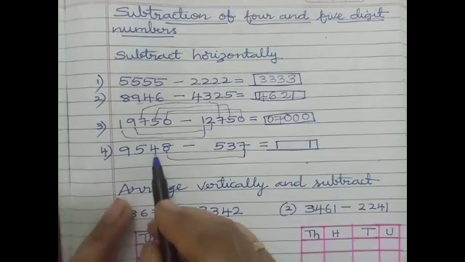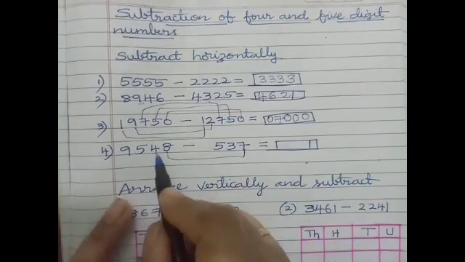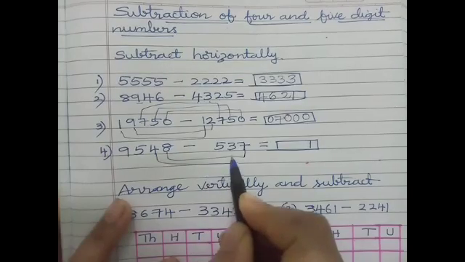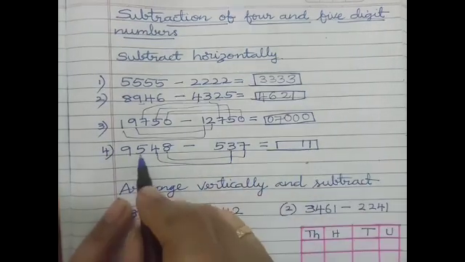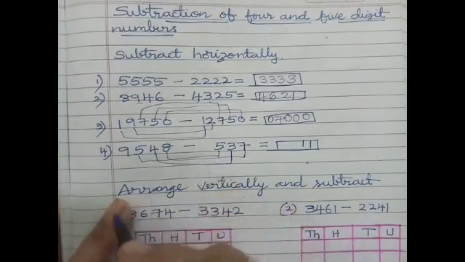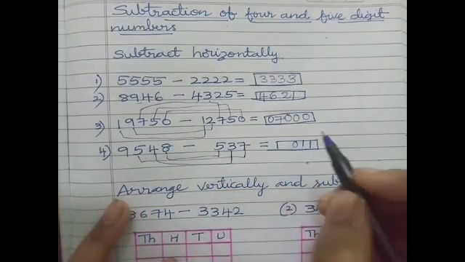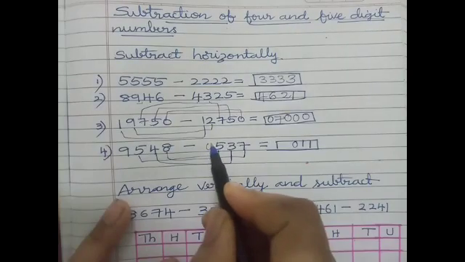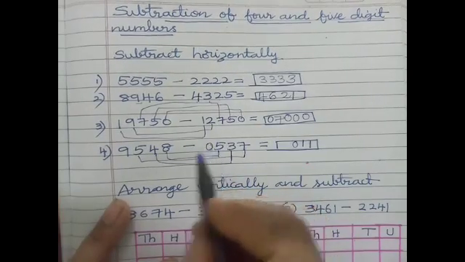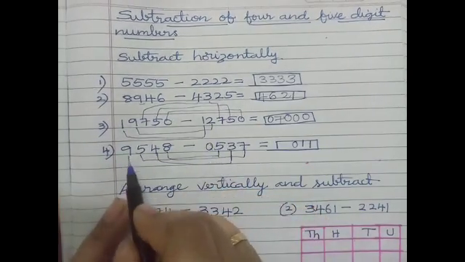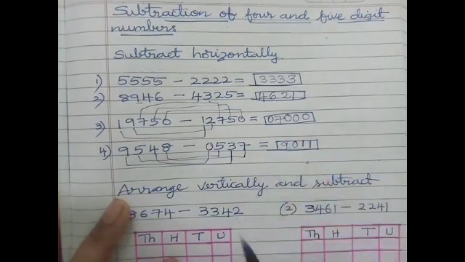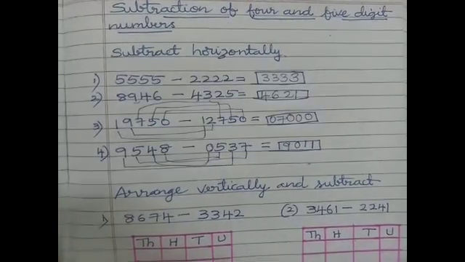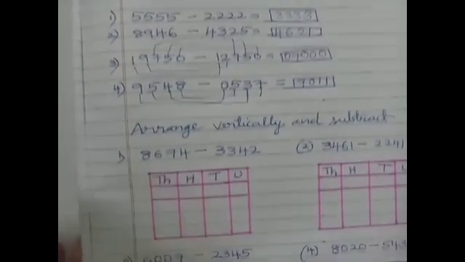Next we have 4 minus 3. 4 minus 3 is 1. 5 minus 5 is 0. And here no number in the thousands place, but here you have 9. So 9 minus 0 is 9. So this way we are subtracting on the horizontal method.